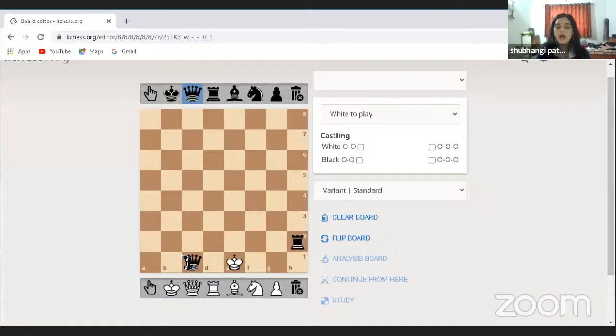So whenever we have a queen and a rook, or we have two rooks, what we have to do is block the lines of the king. We can block it in a vertical way also, and we can block in a horizontal way also. So this was the horizontal way through which we blocked. Now we can block it in a vertical way also.